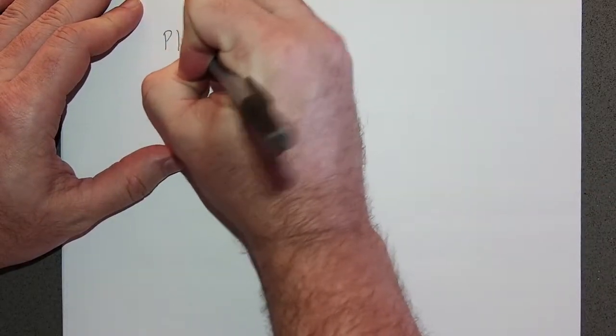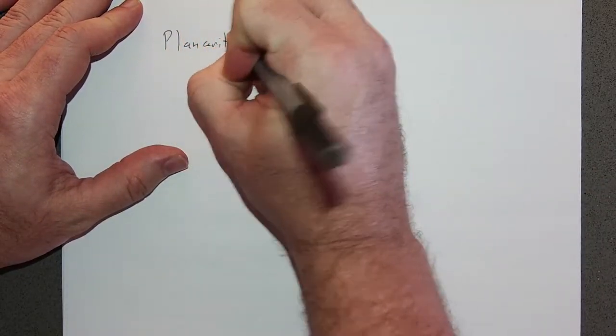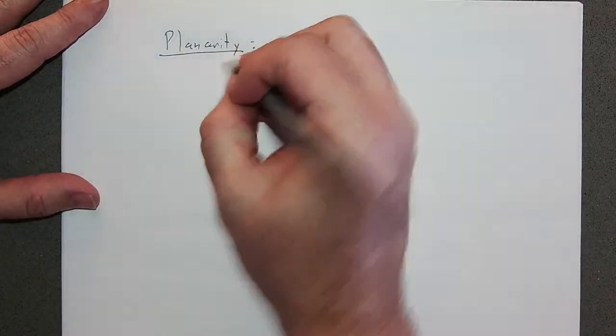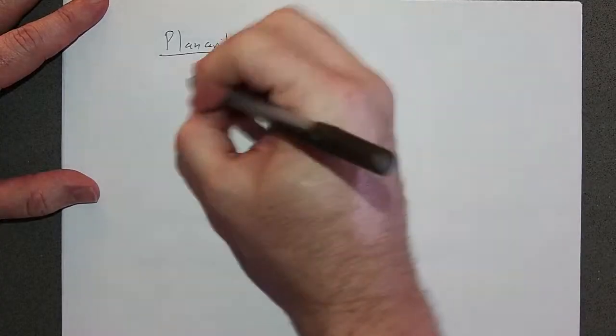Okay, so I want to talk now about planarity of graphs. A graph being a planar graph. So let's imagine that we have 3 rival factions in a city.